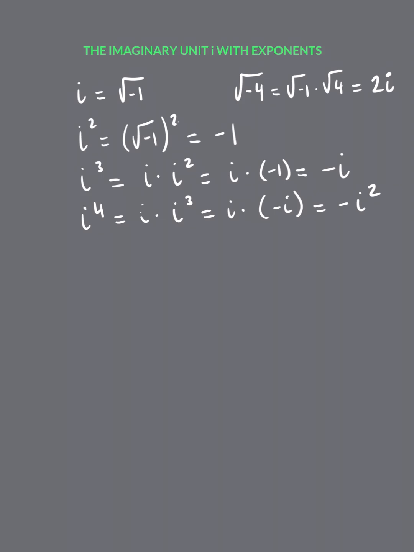And we have to keep simplifying that. We know that i squared is -1, so this is a negative times -1, which is a +1.